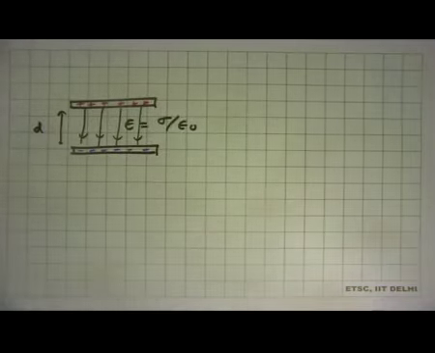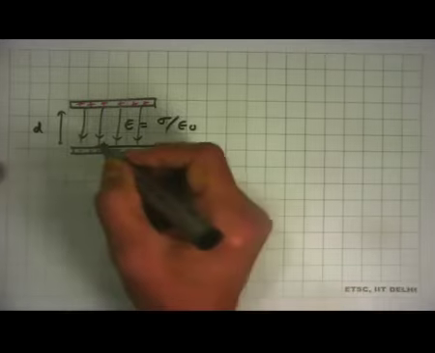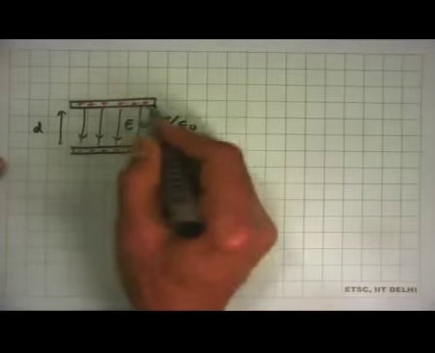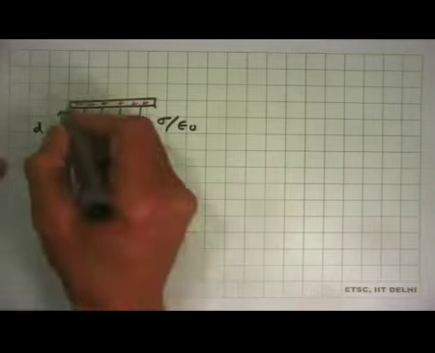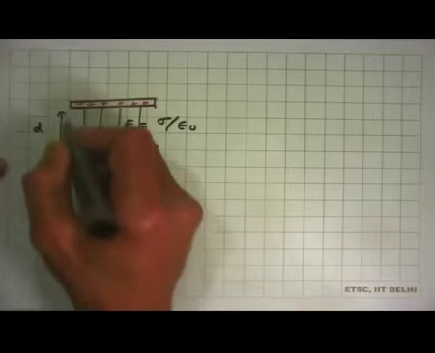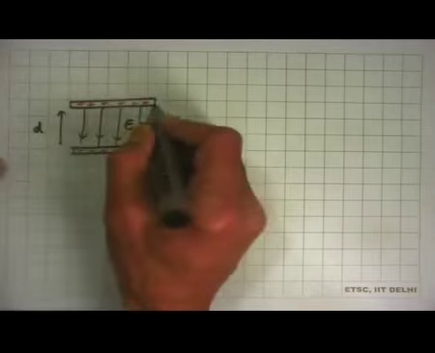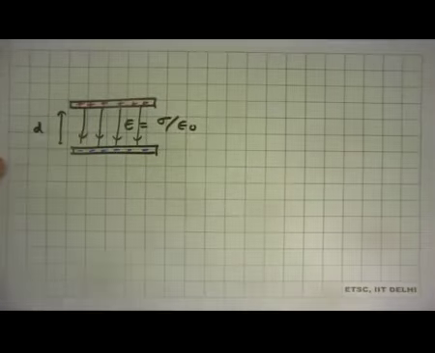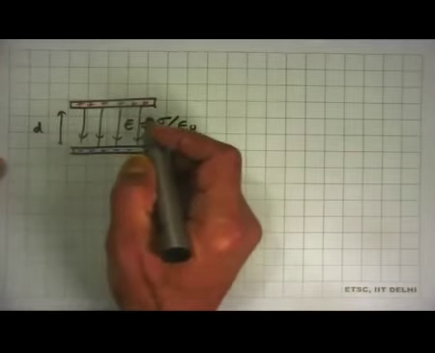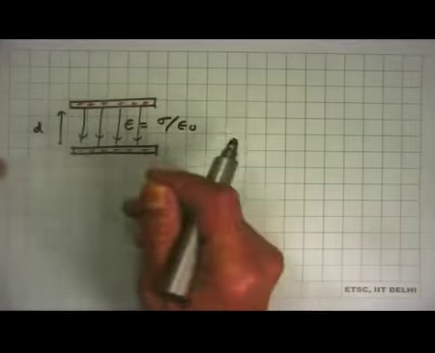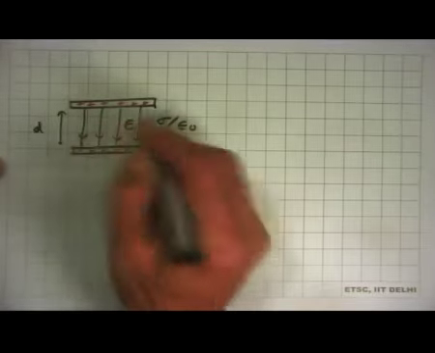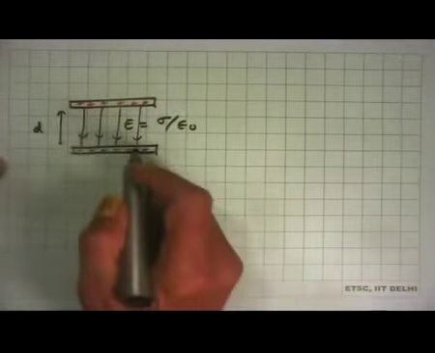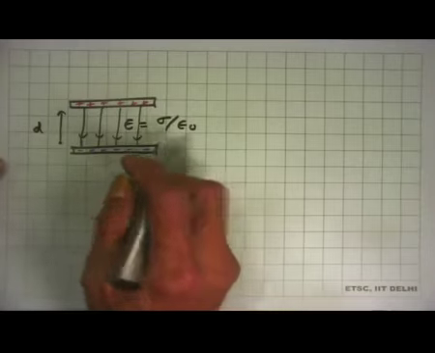If the linear dimension of the plate is large compared to the separation, I can neglect what are called end effects. Towards the ends of these conductors the charges will not be uniformly distributed, but I am neglecting that, and I know that towards the center of the parallel plate system I will have a uniform electric field.